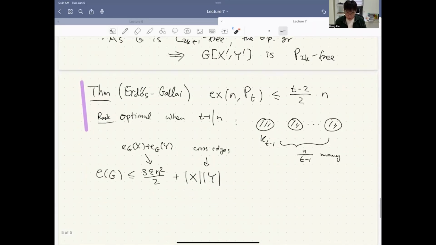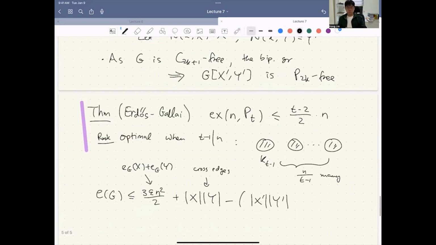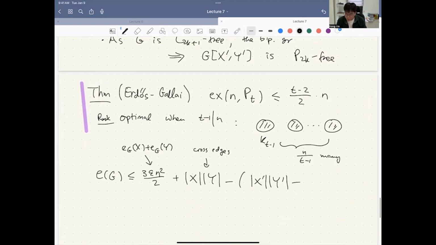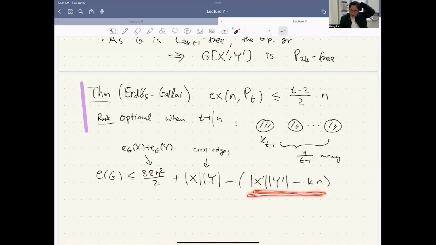We are missing at least, you have x prime, y prime, minus the extremal number. You don't have a path, right? So minus some k times n by Erdős-Gallai. Okay, so this is the number of missing edges between x and y.